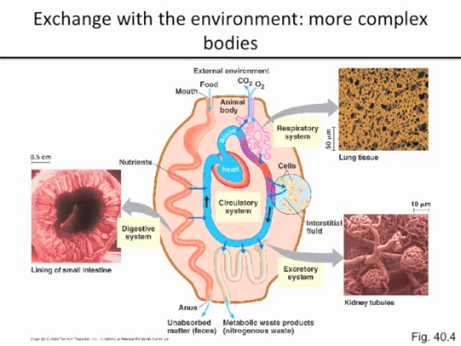Then they somehow need to be able to get rid of things that they don't want in their cells anymore, so they need an excretory system. So you need to be able to take waste products from cells and excrete them. And so that happens as well. They also need a respiratory system, a way of getting gas, having gas exchange across the cells. So we've seen similar things in plants.